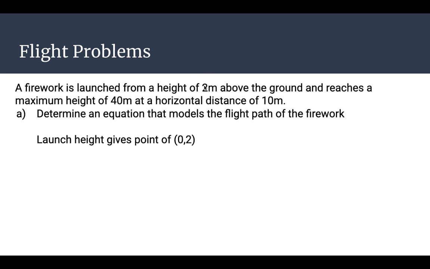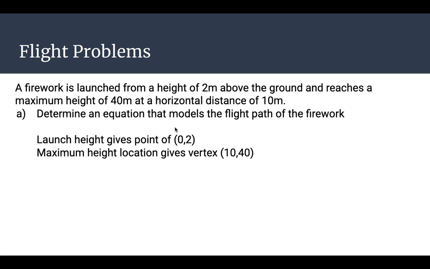And the horizontal distance when it's launched is 0 because that's the starting point. So that's a really good tip to keep in mind. If it's horizontal distance or maybe it's time on the x-axis, the starting point has a coordinate of 0 for the x-coordinate. So that gives us a point for the equation.